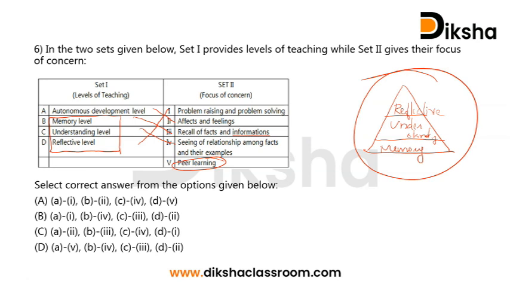Not only leadership, there is no direction, coercion, or any prescription or imposition of student thought or behavior in the teaching process in autonomous development level. There is no role at all for the teacher. The teaching and the learning process is completely carried out by the student itself. So autonomous development level matches with the affects and feelings of a student or an individual in set 2.